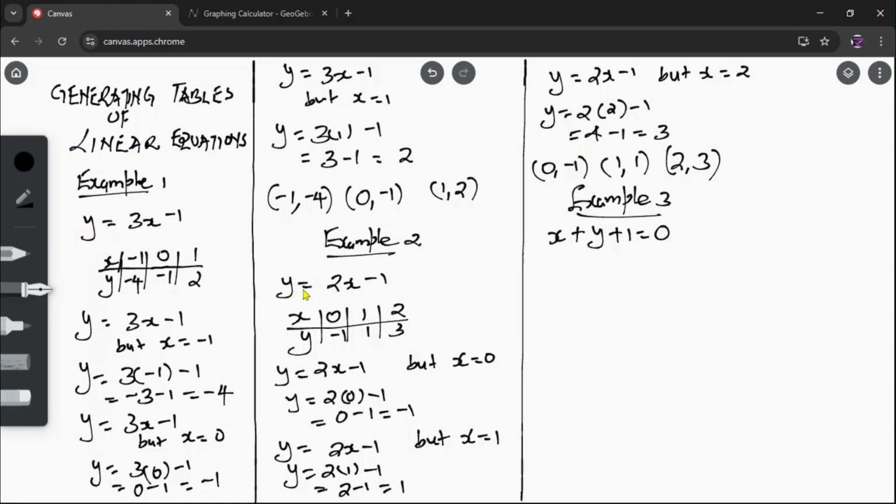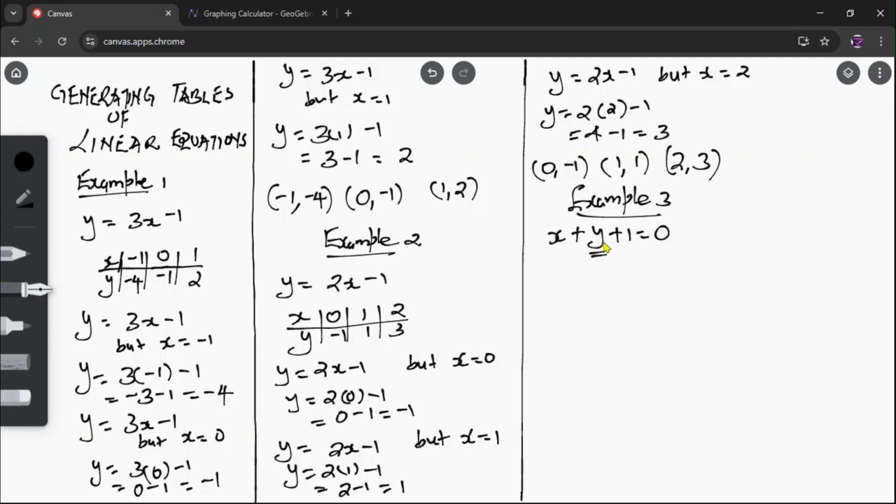Even here you have y on one side. All the other values, we've taken them to the other side. So to make my work easier, I will try and rearrange this one the same way this one has been arranged for me. So I want to remain with y on one side, so I'll take the rest on the other side.